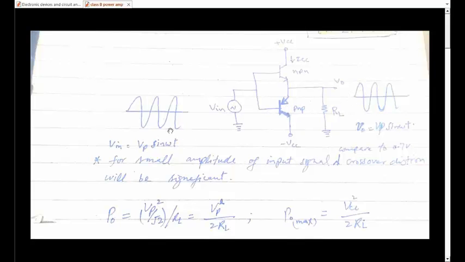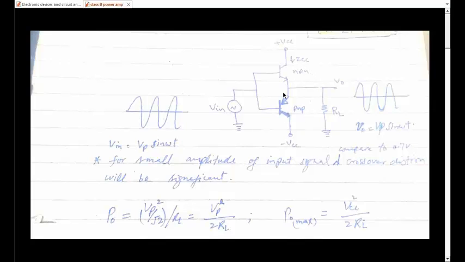For the negative half cycle, the PNP transistor conducts, the NPN is off, and you will get the negative half cycle through the PNP transistor. One half cycle is produced at the output when the NPN transistor is on, and the other when the PNP transistor is on. So this circuit works in a push-pull configuration, and it is also called a class B push-pull amplifier.